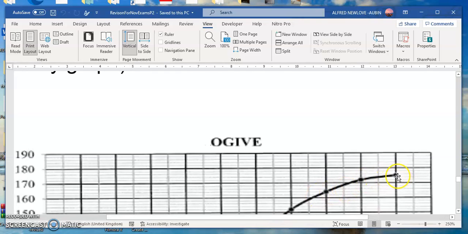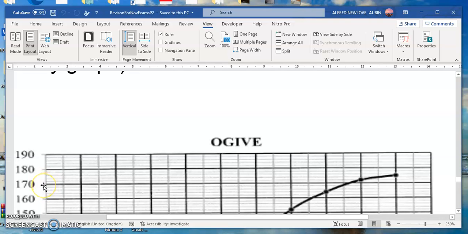Now, if you check from here, let's count the number of lines: 1, 2, 3, 4, 5. So it means 170 to 180. What's going to be the distance? 1, 2, 3, 4, 5. So each is what? 2, 4, 6, 8, 10. Have you seen?